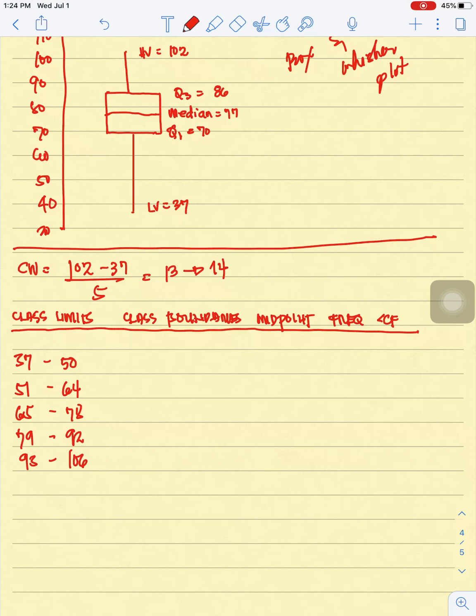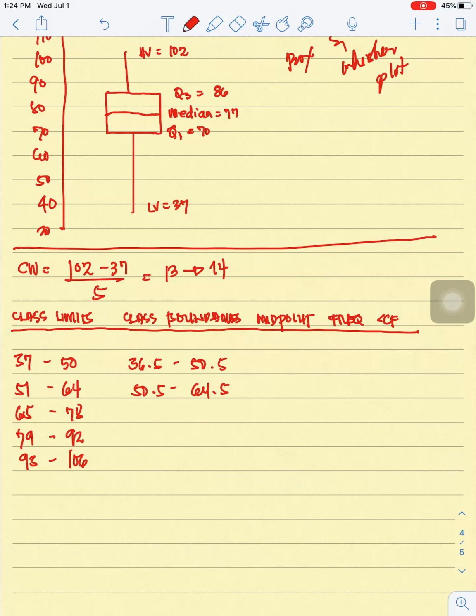Okay, then for the continuity correction, we need to subtract 0.5 from the lower limit and add 0.5 to the upper limit. So this will be 36.5 to 50.5, then 50.5 to 64.5. As you can see, we have now our continuity.